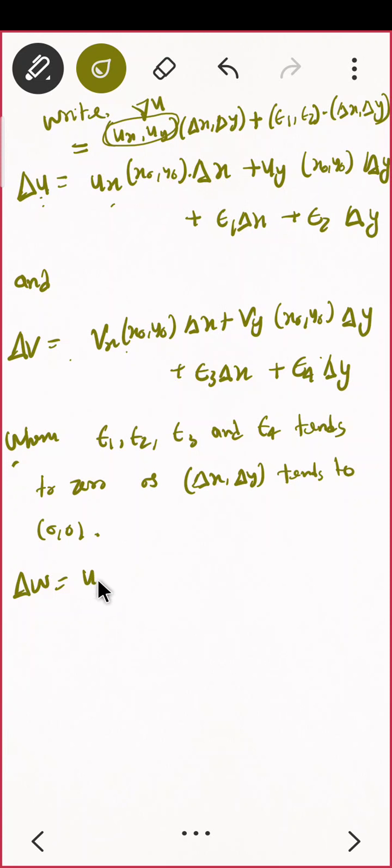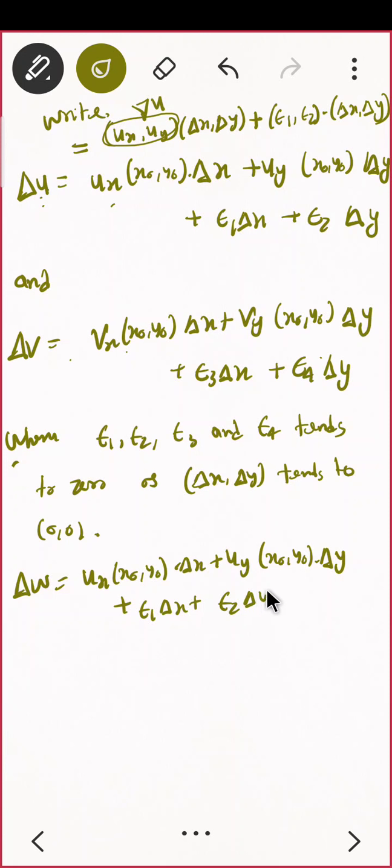This is ux at x naught y naught multiplied by delta x, plus uy at x naught y naught multiplied by delta y, plus epsilon 1 delta x plus epsilon 2 delta y. This is my first part, plus i times, what is the next part?